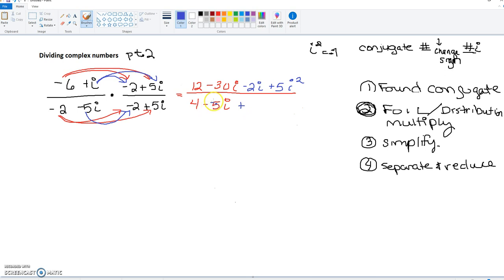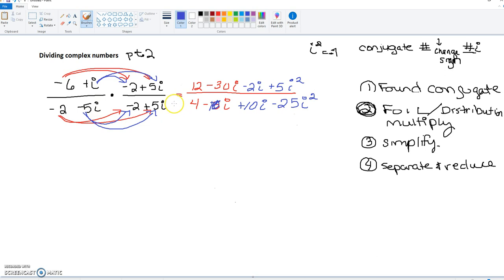I didn't even multiply. So -2 times 5 is 10. This should be a 10. It's like, wait a minute, what's going on here? -5i times a 5i gets us a -25i squared.